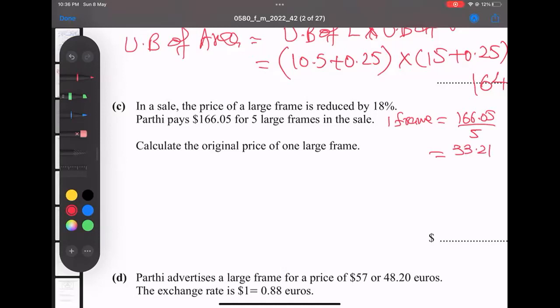Now what is X asking for? The sale price is what you pay after the discount. If you go to the cashier, you will not pay 100%. That is called the full price. This is what he pays after the 18% discount. To get the percentage, from 100 subtract 18, and you get 82%.